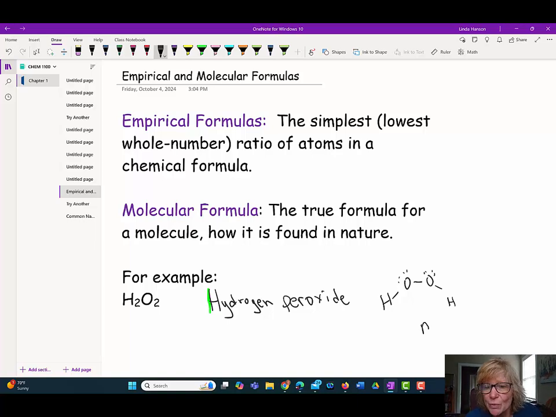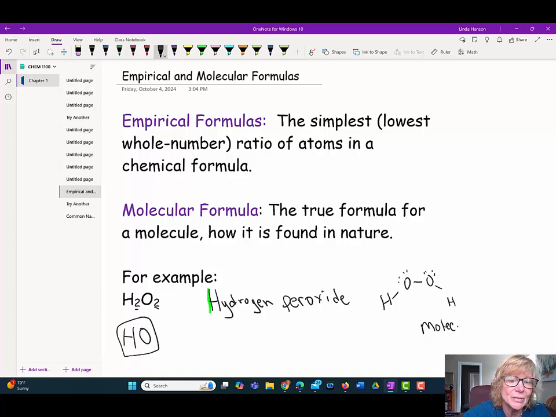So this is what we refer to as its molecular formula, its true formula, the way we find it in nature. Notice, however, that 2-to-2 subscript ratio can be reduced to a simpler, low whole number ratio of those atoms. Reducing that 2-to-2 ratio gives me an empirical formula for that compound, HO.